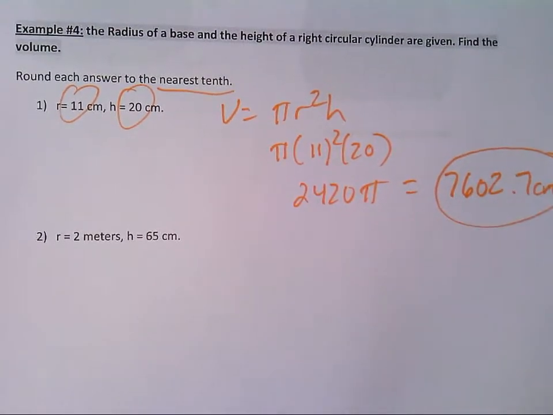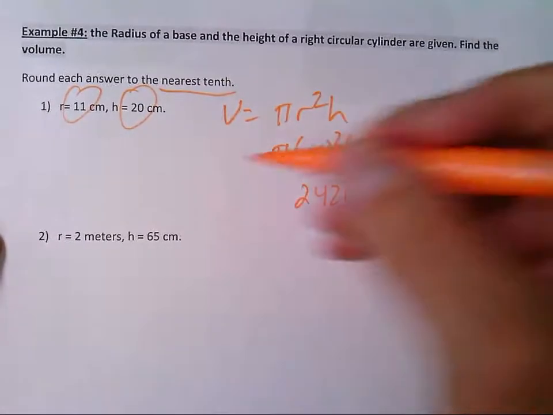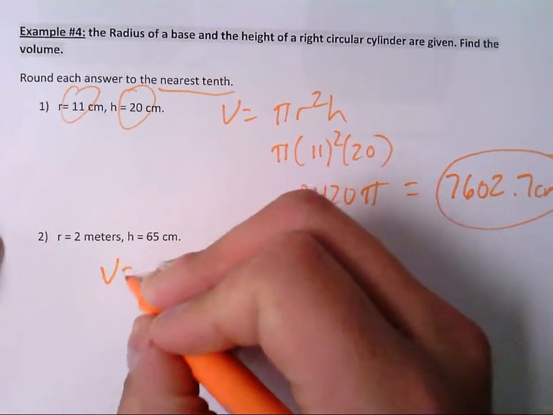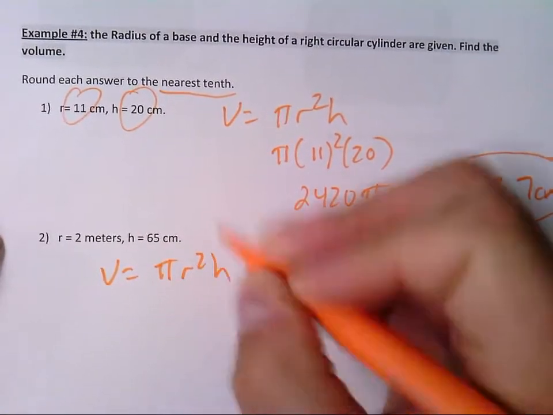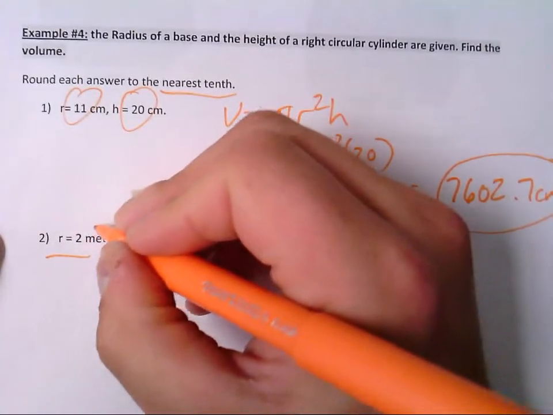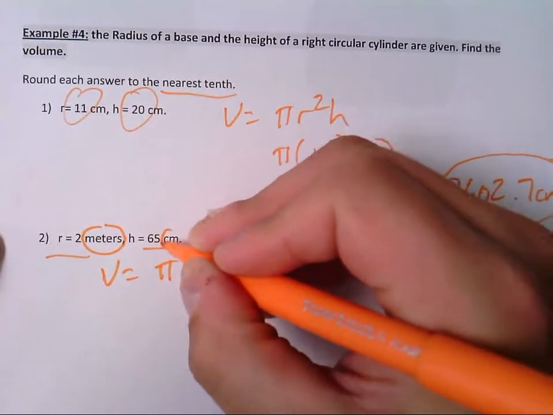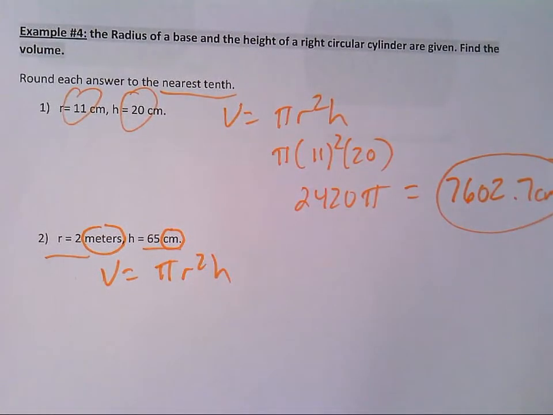Is this one here, which in theory doesn't look too bad, but here's what we run into. So volume equals pi r squared h. So we got the radius, we got the height, but notice here, meters, centimeters. Okay, on the reference sheet that's provided for you, they'll have some basic conversions on there about how to convert centimeters to meters.